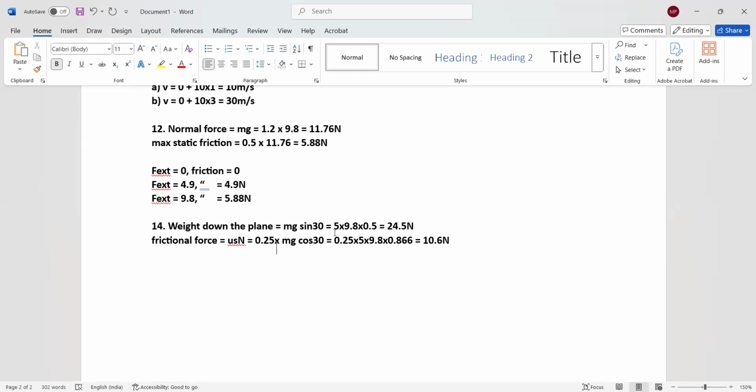Now minimum force required is equal to 24.5 minus 10.6, which is equal to 13.9 Newton.